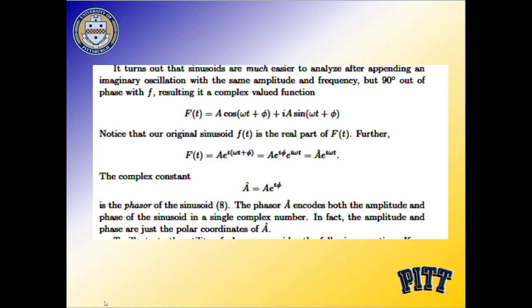So they figured out that using some complex number theory, you can actually get the information about a sinusoid a lot easier, because if you calculate what they call a phasor, the constant a e to the i phi power, it kind of works the amplitude and phase shift into one thing.